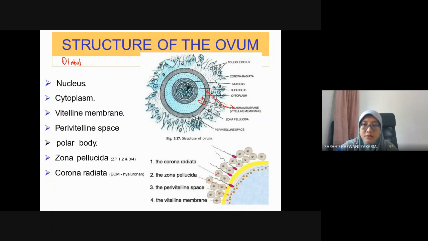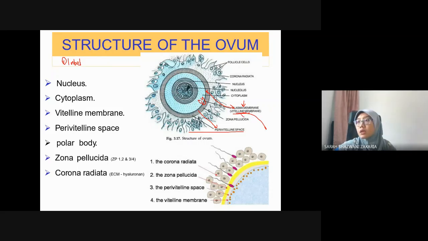The vitelline space is here, right before the zona pellucida. Vitelline membrane, plasma membrane, perivitelline space. Maybe it will help you if you understand the meaning of vitelline.